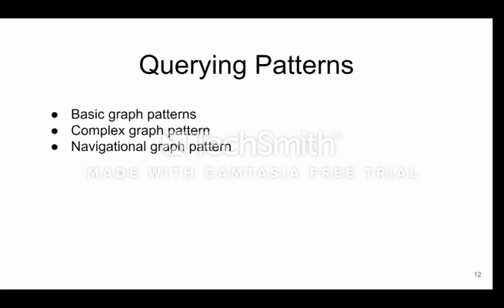Underlying these query languages are some common primitives, including basic graph patterns, relational operators, path expressions, and more besides. We now describe these core features for querying graphs, in turn starting with basic graph patterns.